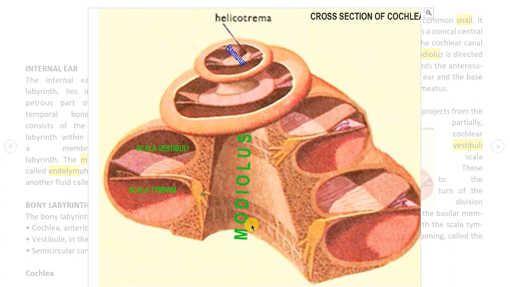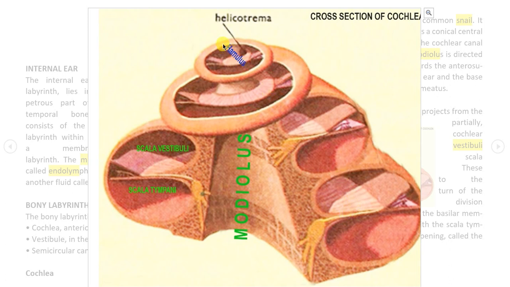Here in the center, the bony tissue which is forming the central axis of this cochlea is called the modiolus. So the modiolus is the central bony axis of the cochlea around which our cochlea turns. Between the upper and lower part, this represents the osseous spiral lamina. It contains the axons of the cochlear nerve.